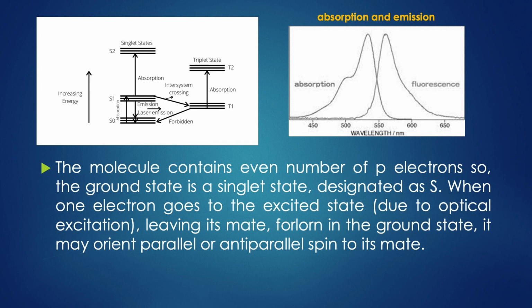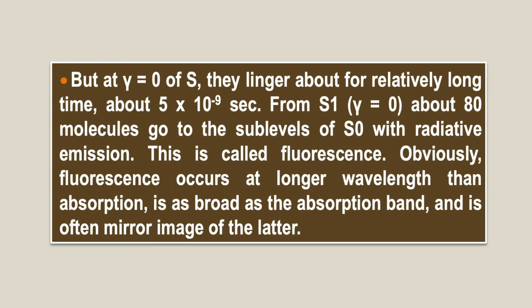Because of this, all the molecules which go to the S1 state will come down to the lowest vibrational level of the S1 state very quickly, within a few picoseconds. From there, they will get transferred to the triplet state in about 10 or 20 nanoseconds.